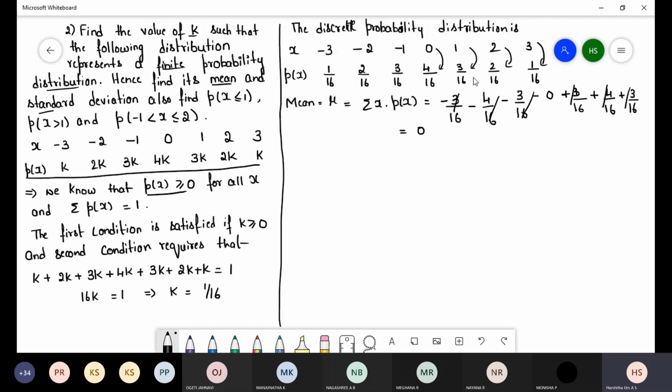Next, they ask for the standard deviation. Before finding the standard deviation, we have to find the variance.